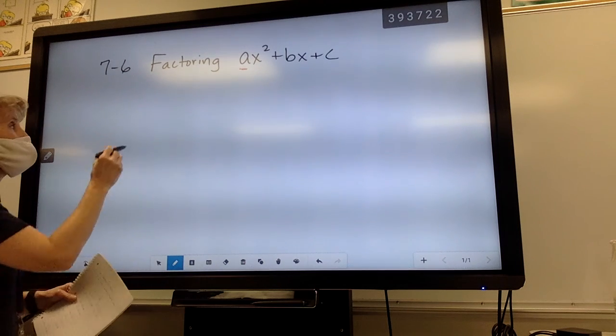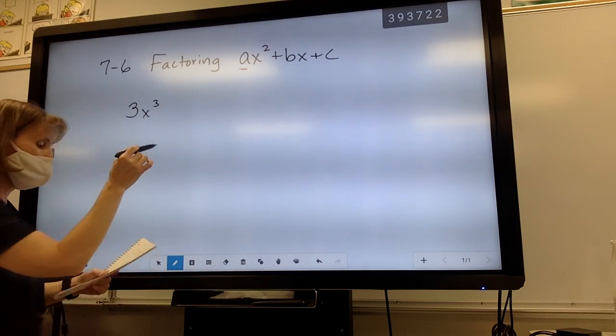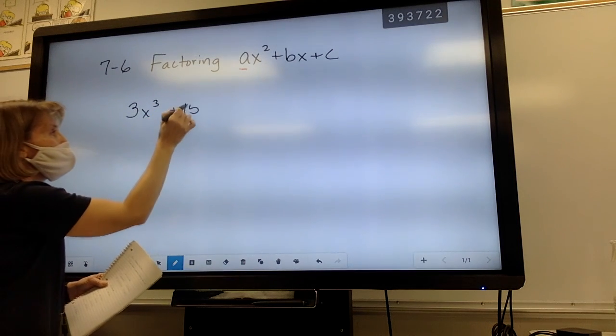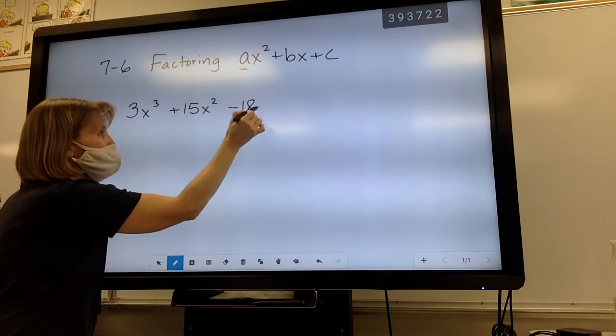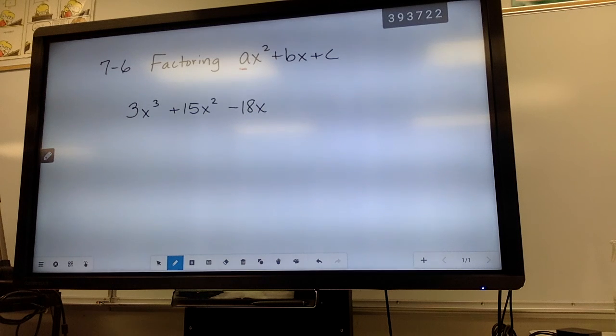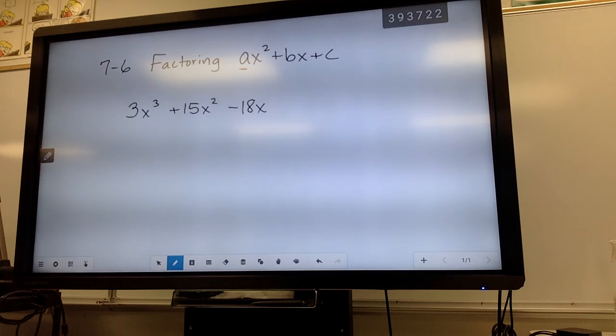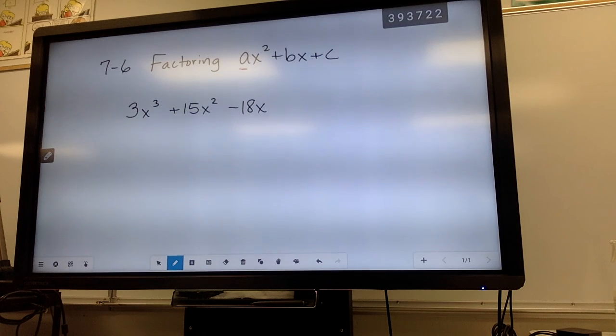So for example, I might ask you to factor 3x cubed plus 15x squared minus 18x. So you're still working with a trinomial.